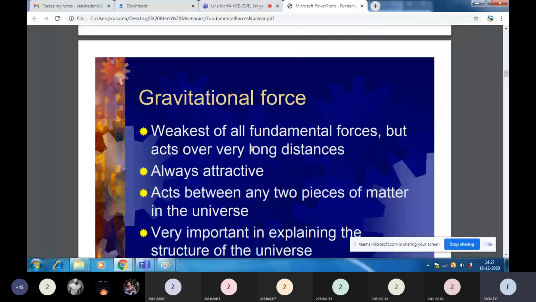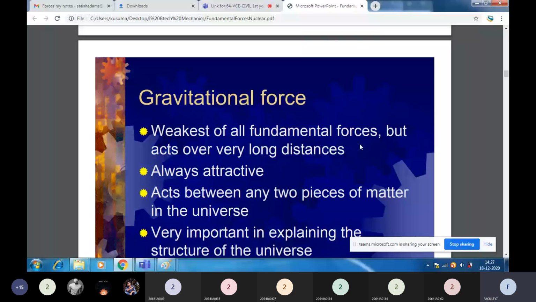Between objects, these distances will be very large when compared with the atom. The strongest one is the strong nuclear force, and the weakest force is the gravitational force. But even though it is weaker, the distances will be very long when compared with the strong force.